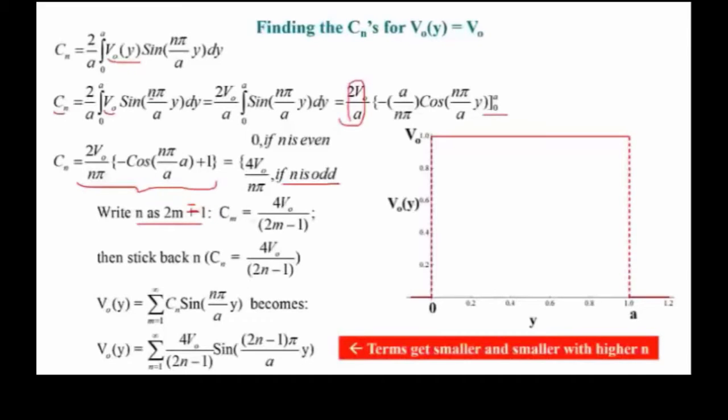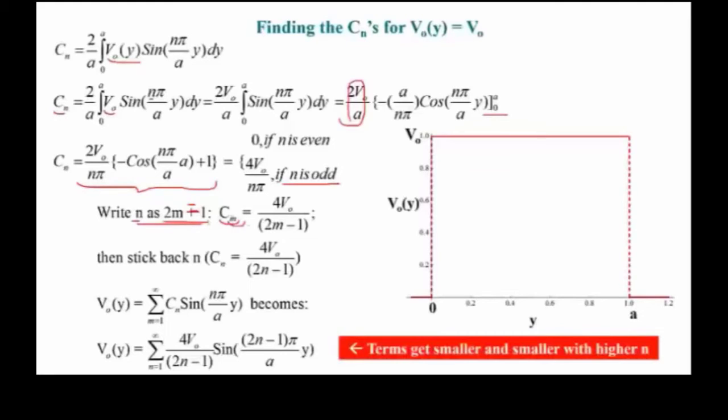So just keep making this 1, 2, 3, 4, 5, and you'll get the coefficients, which we now will call C sub m, and those will take care of only the odd values of n. Let's repeat that. M is a new integer that we're going to use to convert n into an odd number.